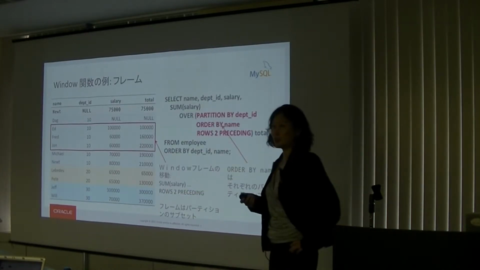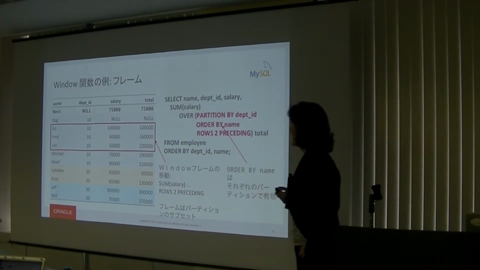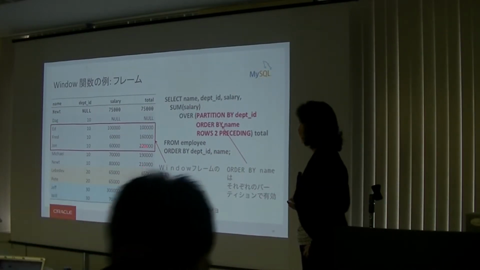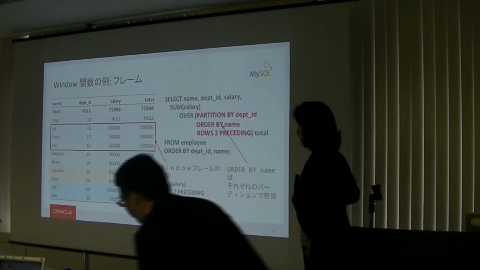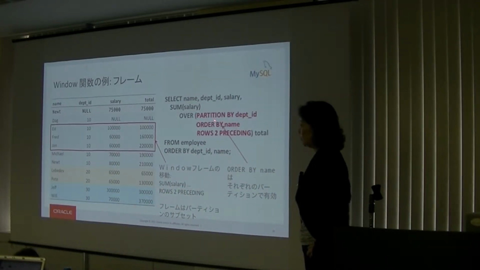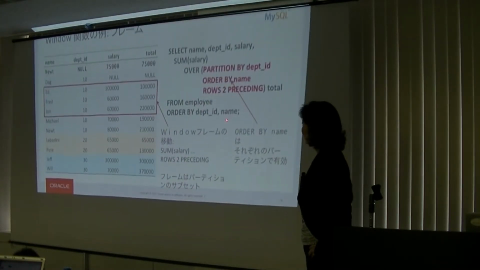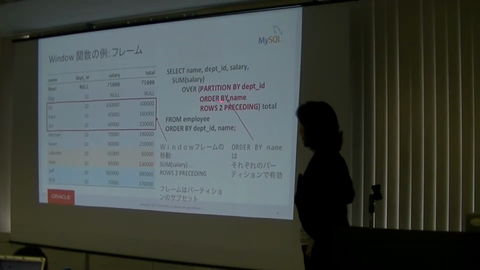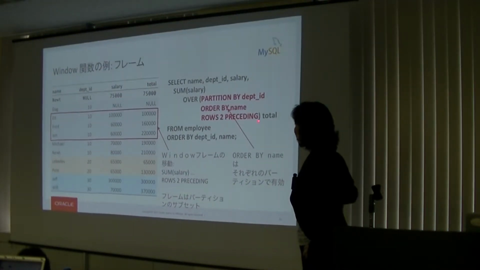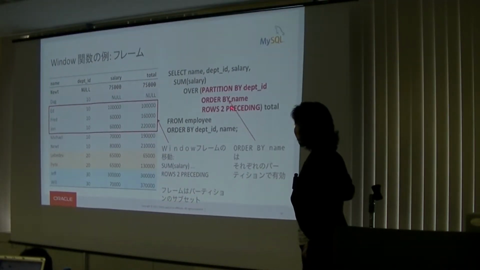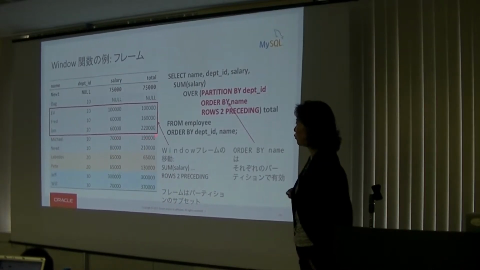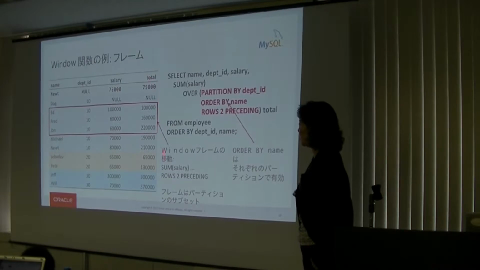A more advanced example introduces the frame concept. Similar to before, but now we want this partition to be partitioned by department ID, order by name, rows 2 preceding. This means that we create a frame within the partition.